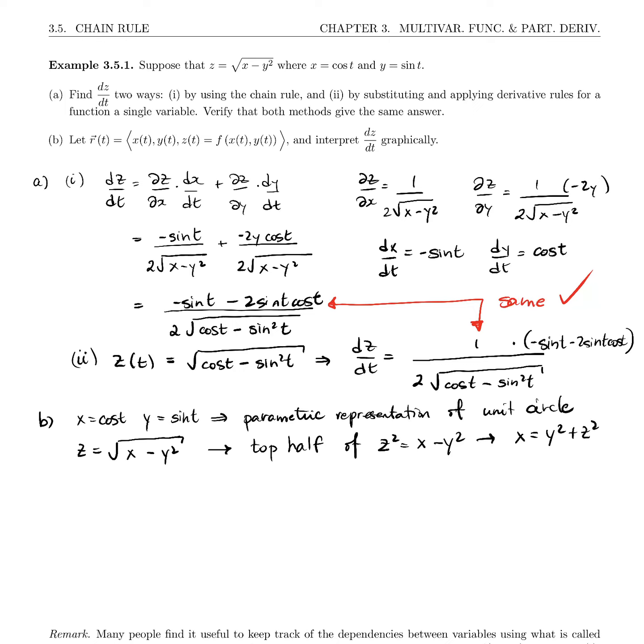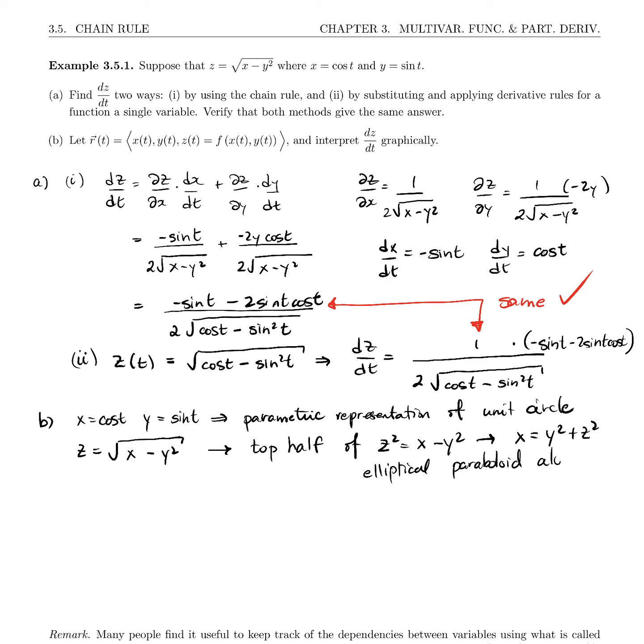That is a quadric surface. So we have the top half of an elliptical paraboloid. And that elliptical paraboloid, if we check, is going to be along the x-axis.